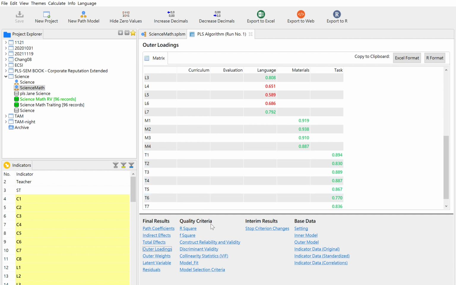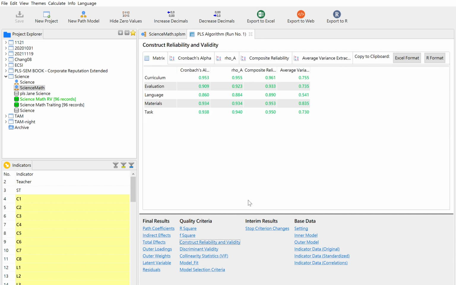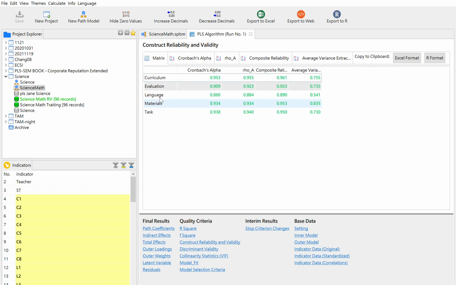Then right here, construct reliability and validity is where I get my Cronbach alpha for these 5 factors, and they are greater than 0.86, so fairly reliable.